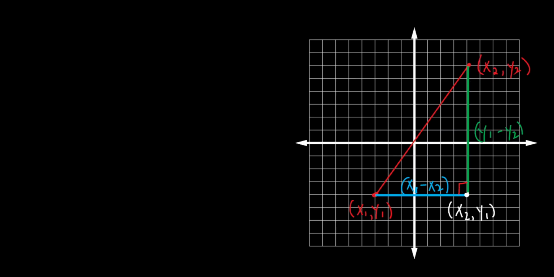Well, what do I know about right triangles? I know a lot of things about right triangles, but here, let's kind of recreate this up here. If that's A and B, what would I call this? C. Do you remember the Pythagorean theorem?